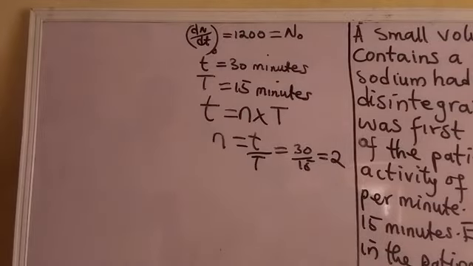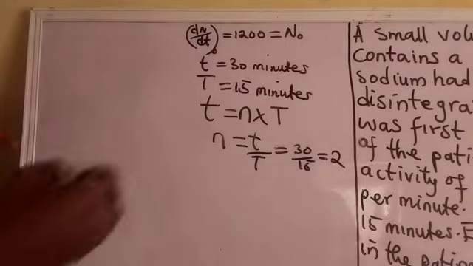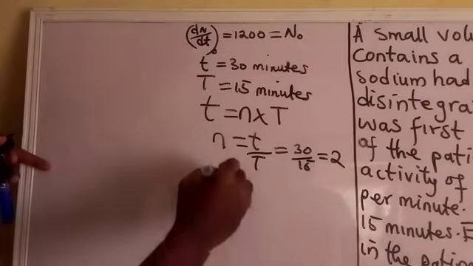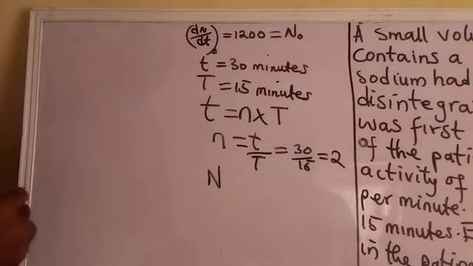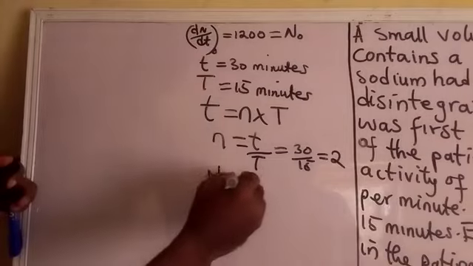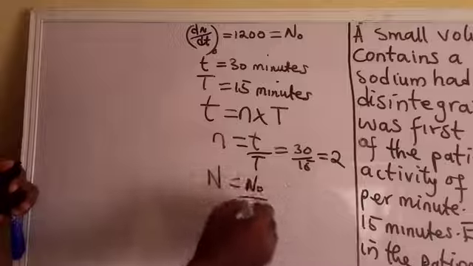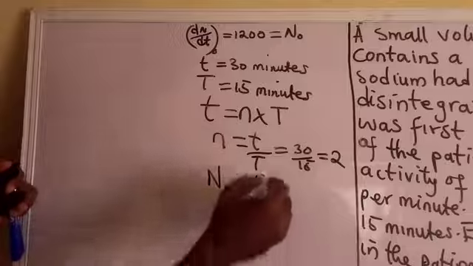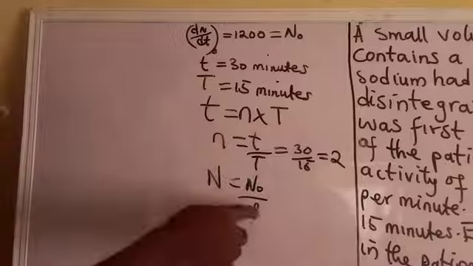Now, what do I do next? I can say the disintegration after the two moments, okay, is given as N0 over 2 raised to power n. Of course, this n means number of disintegrations.